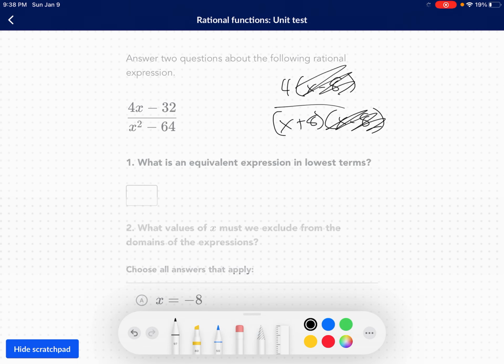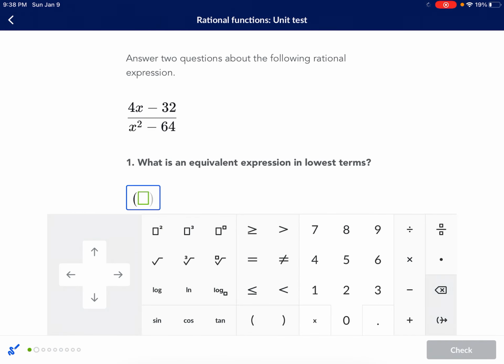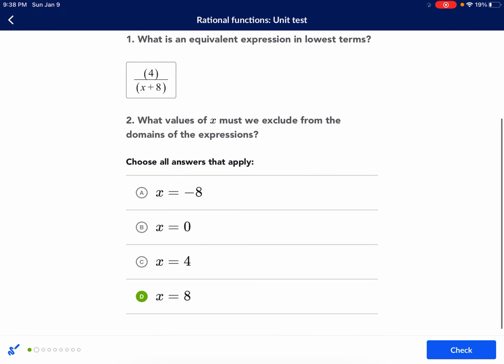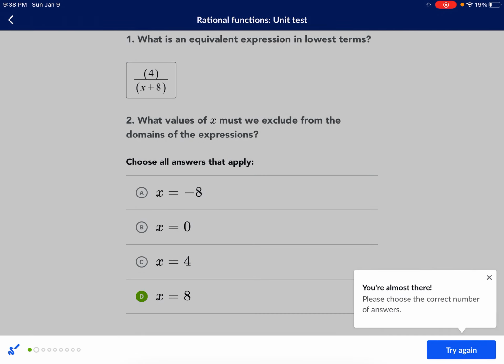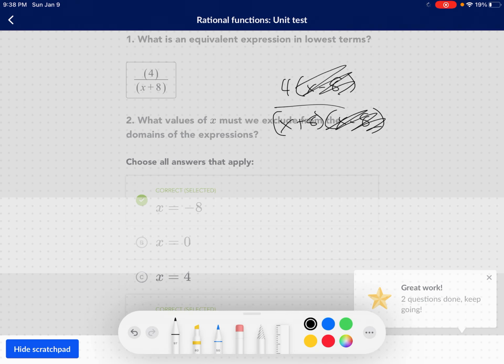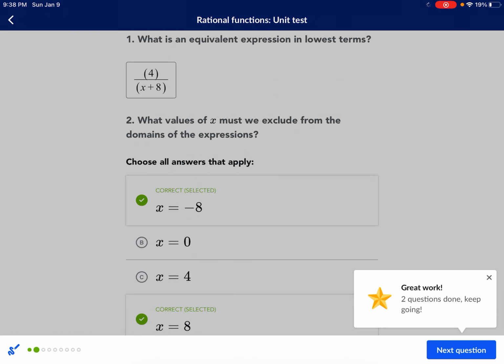So it should only be 4 over x plus 8. And it shouldn't be negative 8 as well. Negative 8, because of this value here too.